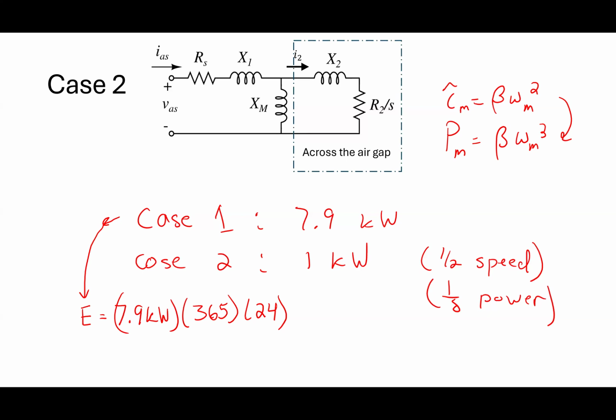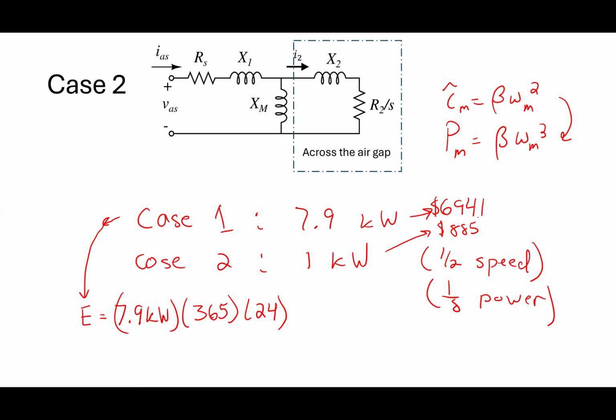But at 10 cents, case one works out to be about $6,941. In this case, if I can run it at 50% speed, it's about $885, right? So it's a decent savings.